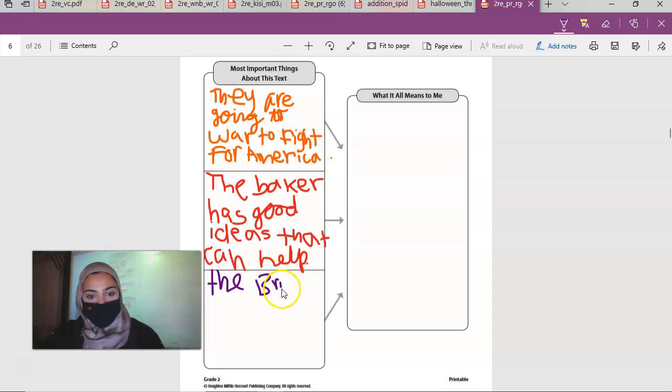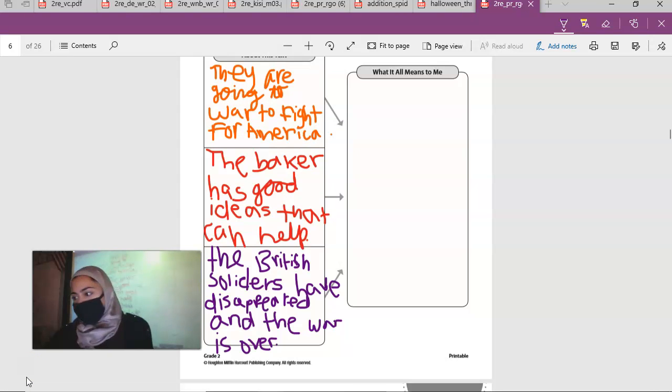The British soldiers, what happened to them? Very good. The British soldiers have disappeared and the war is now over.